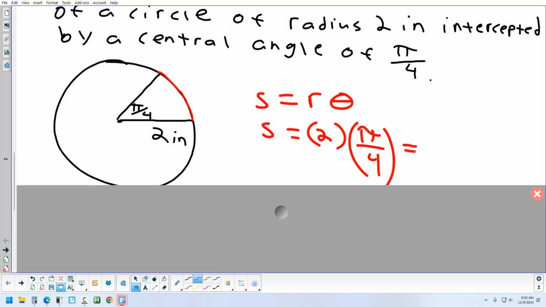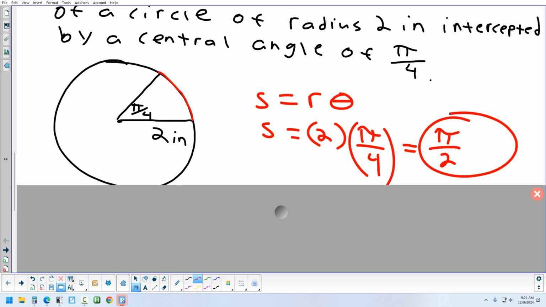When you multiply 2 times pi over 4 and reduce it as much as you can, what do you get? Pi over 2. Yes, you're going to get 2 pi over 4, which reduces to pi over 2, and that needs a label.